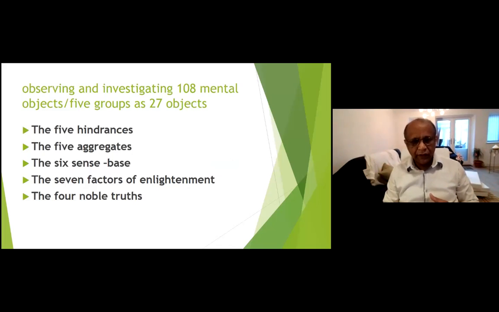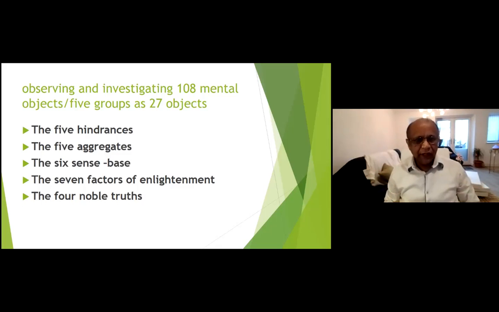So then what are the mental objects or mental activities we have to contemplate on? In a deeper sense, there are 108, but they have been put into 5 groups. We are trying to consider 27 objects today, but we may not be able to go through all 27, but I will try my best to cover the most important part of the Dhammānupassanā.